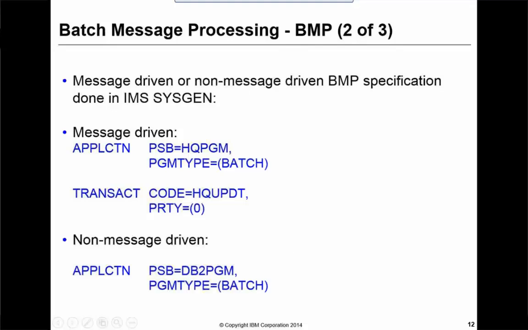Where do you specify that a BMP is message-driven or non-message-driven? That's done in something called the IMS sysgen. I don't think we've mentioned this word sysgen, so let me say a few words about that. If you recall from our first video, IMS was developed initially in 1968 to support the Apollo spacecraft.